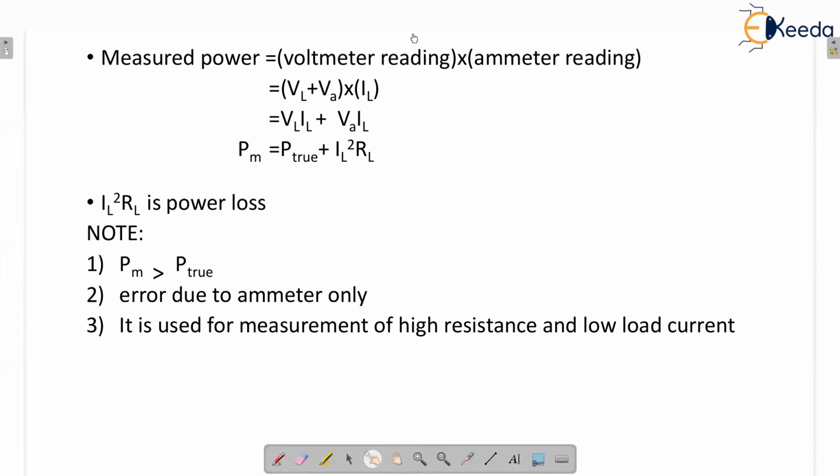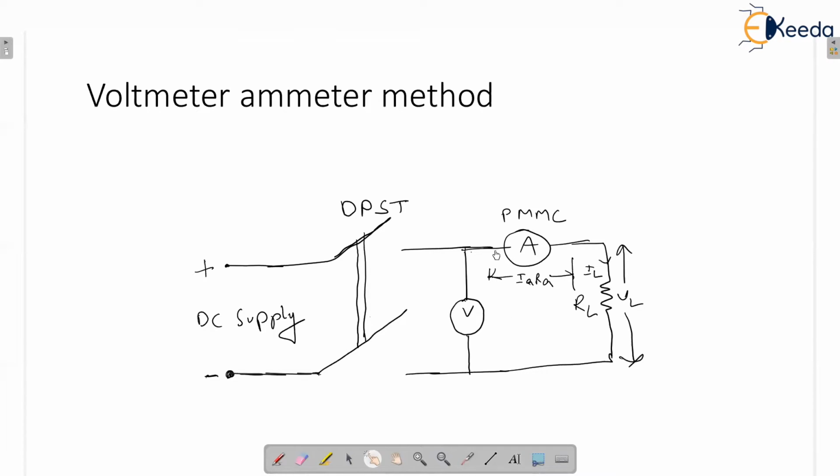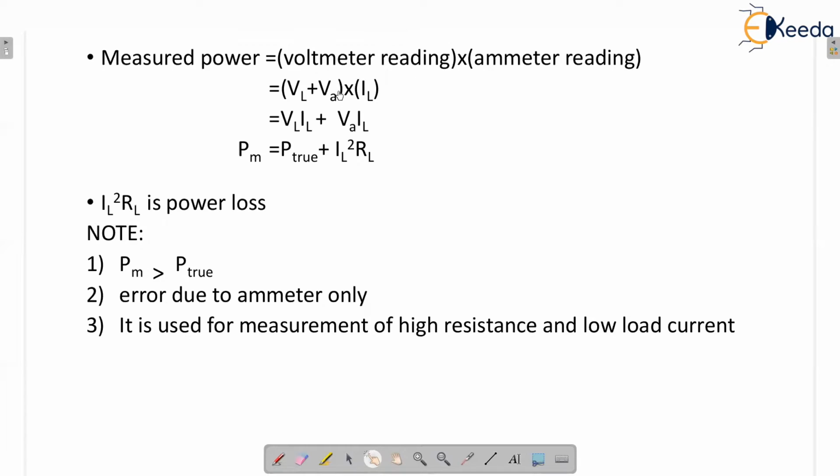VL plus VA, because the voltmeter reads the voltage across the load and the voltage across the ammeter. Into what is the ammeter reading? IL. So that is VL IL plus VA IL.